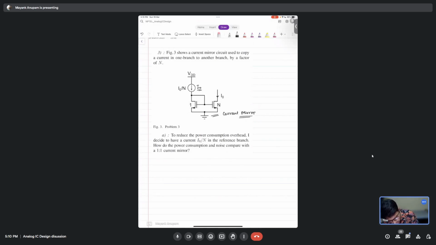So it doesn't make much sense to simply increase the current in this particular MOSFET. It will simply increase the total power. We can also use I naught by n and 1:1 current mirroring to ensure current I naught flows through it, and in that case the power consumption goes down by n times, isn't it?